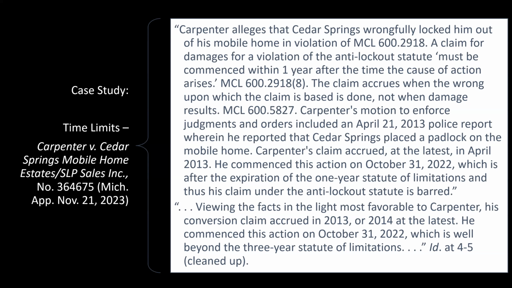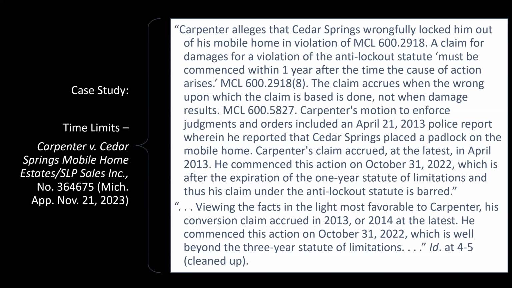If the eviction case only says so-and-so is moving to evict so-and-so tenant and does not say all occupants, then only the tenant has been evicted. The other occupants have not. So there is a requirement that the court process be used to evict all occupants, not just the tenants.